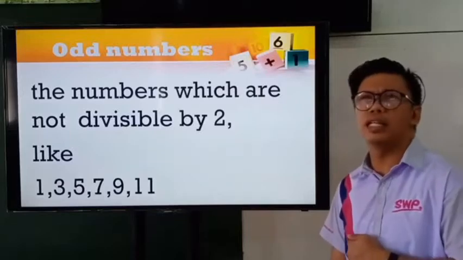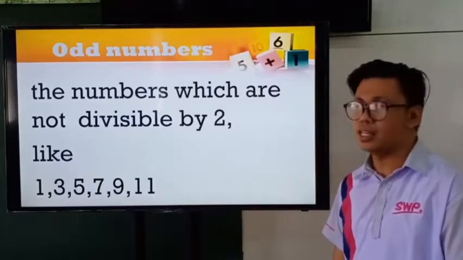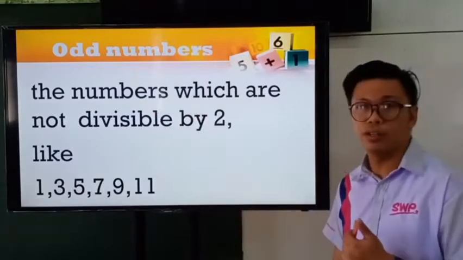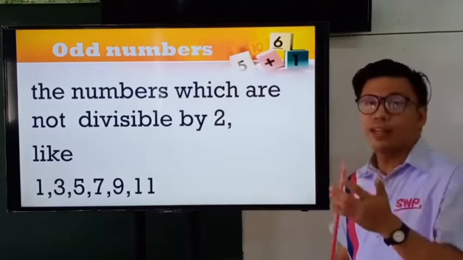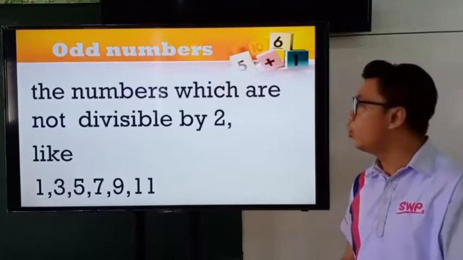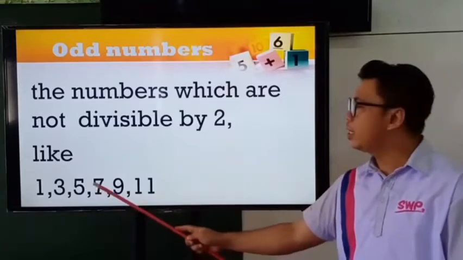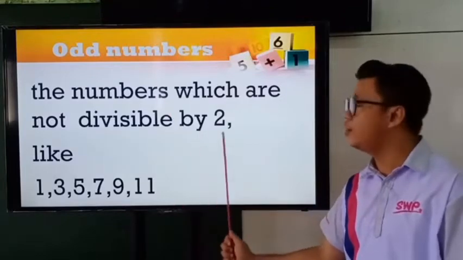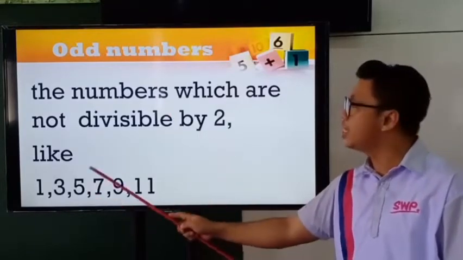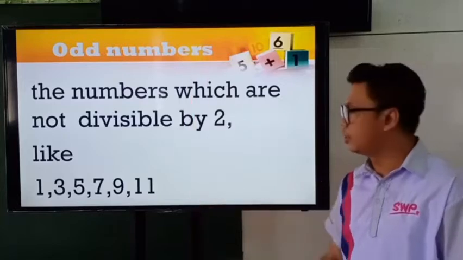How about 6? Is 6 an odd number? No, because we cannot divide into 2. I mean, we can divide 6 into 2. Odd numbers cannot be divided by 2. So 6 is not an odd number.